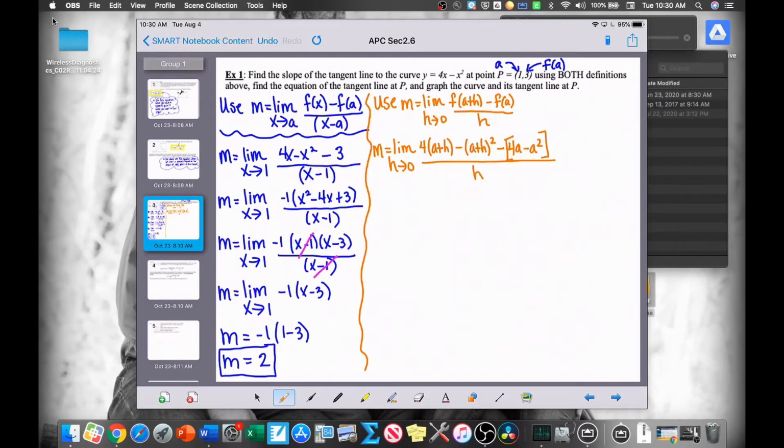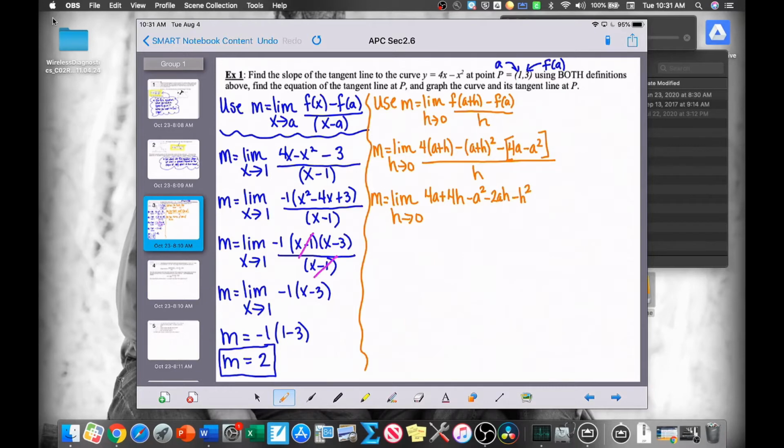Now I have some simplifying to do. m is equal to the limit as h approaches 0 of 4a plus 4h. And then I have a plus h quantity squared, which is a FOIL. That's going to give me a squared plus 2ah plus h squared. But the negative in front gets distributed to all three terms, so it's going to be minus a squared minus 2ah minus h squared.